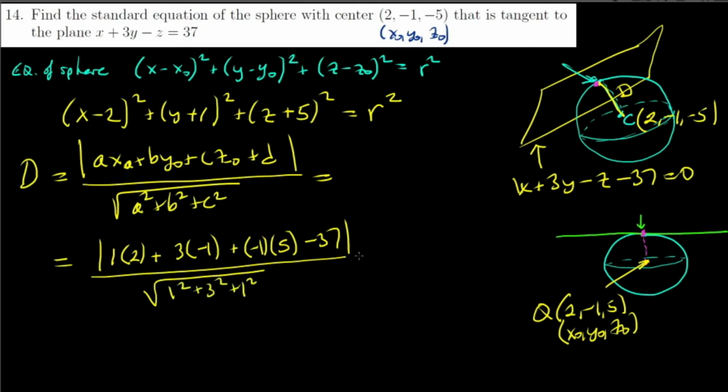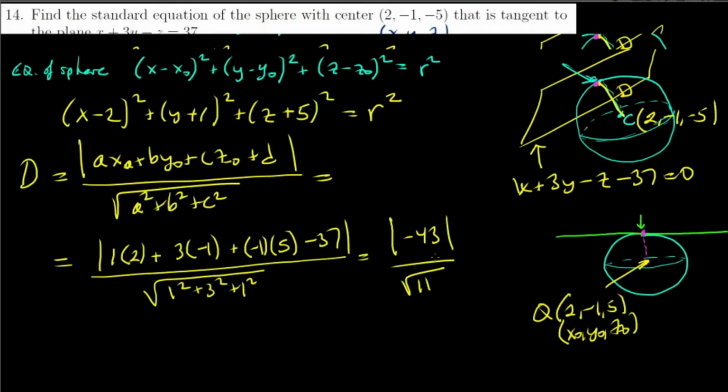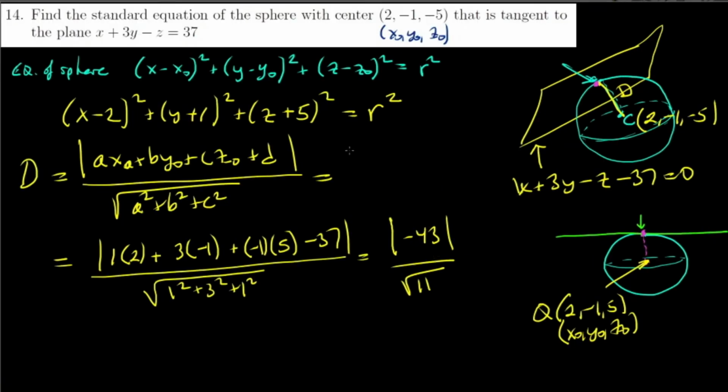So square root of 11, right? And then the numerator, I get the absolute value of negative 43 divided by the square root of 11. So 43 over the square root of 11. Oops, square root of 11, yep.